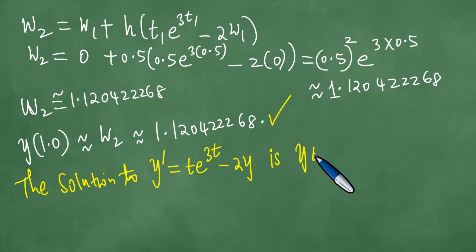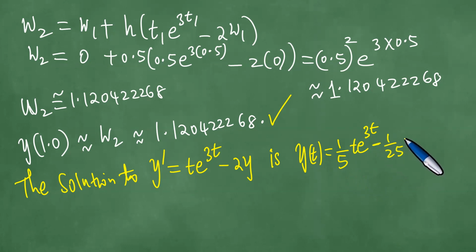So it is y(t) = 1/5 t e^(3t) minus 1/25 e^(3t) plus 1/25 e^(-2t).